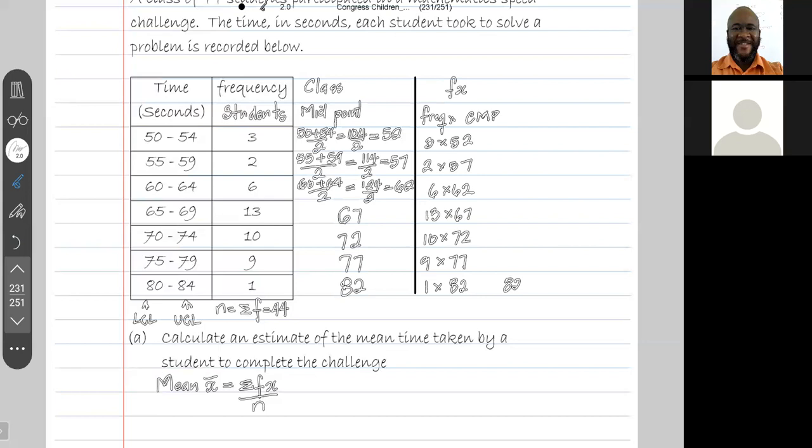All right, let's work out the others. We have 9 times 77. This is 693. This is 720. Now, 13 times 67. This is 871.